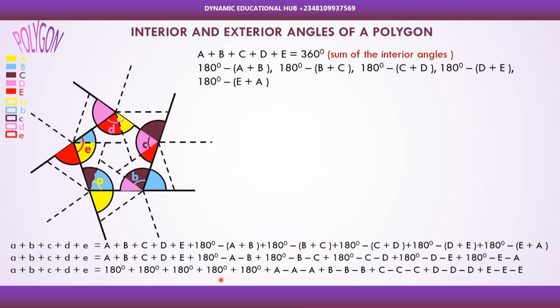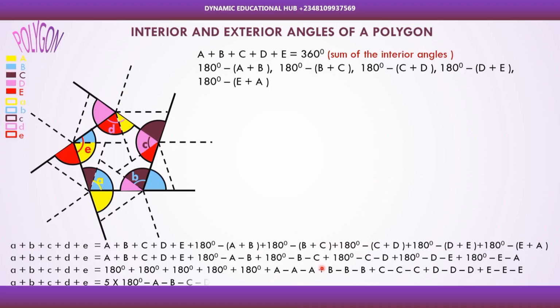Now the same thing, go ahead and look for your B. So we are going to have B plus B minus B minus B. Go ahead and look at your C: plus C minus C minus C. If you do it for D and E, you still get the same thing: D plus D minus D minus D, plus E minus E minus E. So we now know that A plus B plus C plus D plus E equals... how many 180s do we have here? We have five 180s, 5 multiplied by 180, plus A minus A, that one is gone.